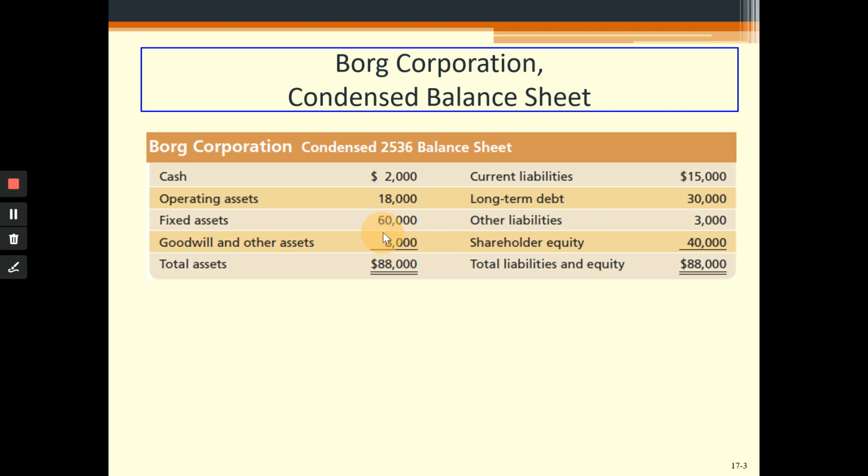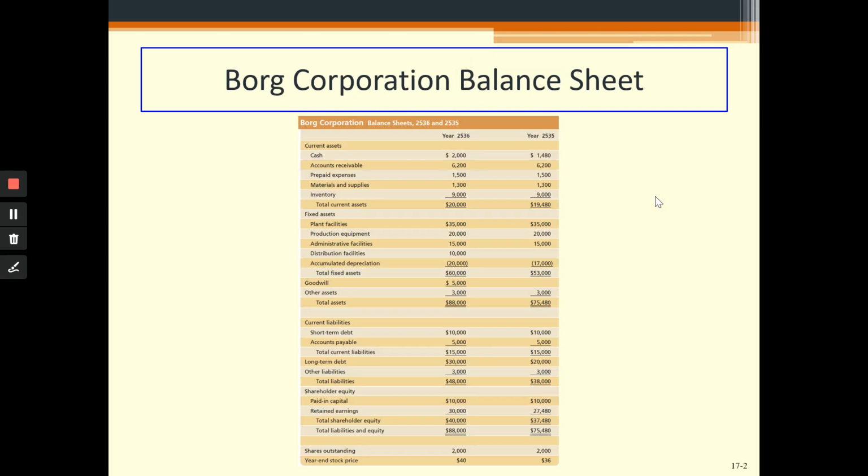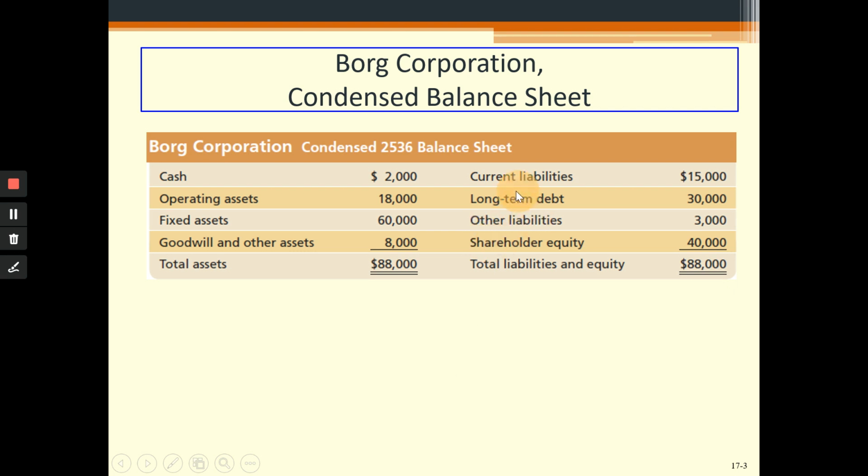For example, we can see that most of the assets are composed of fixed assets, and the major liability we have is the long-term debt, which is 30,000. We also have 40,000 of shareholder equity. The segregation is 10,000 in paid-in capital and 30,000 in retained earnings. So this is the condensed version.